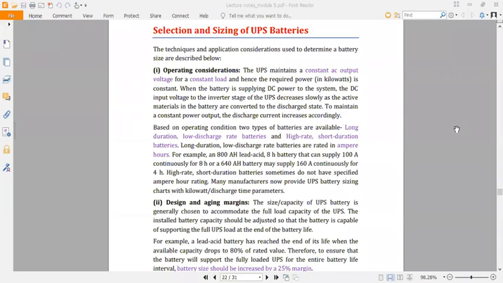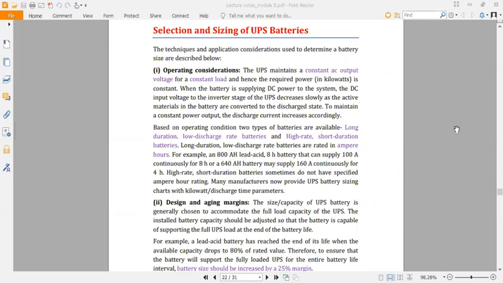One numerical I have already explained in the previous class regarding this, so keep it in your mind: how we calculate the ampere hour rating and the number of batteries of a specific specification to fulfill a particular demand. We have already seen these things.